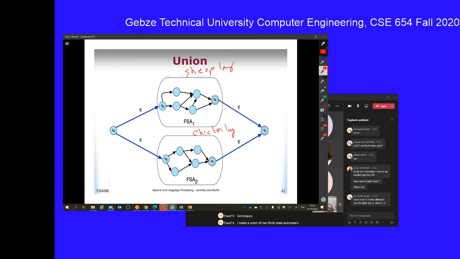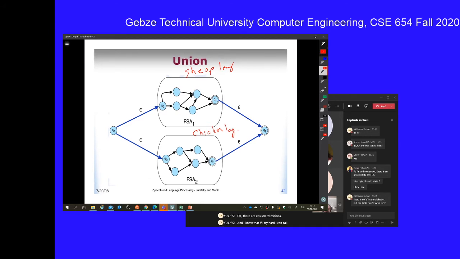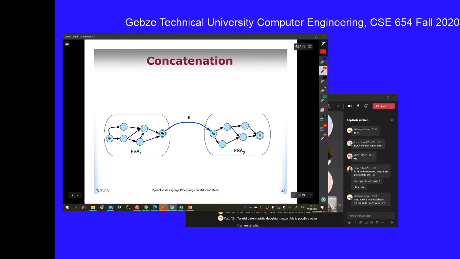I know that this is non-deterministic because there are epsilon transitions. And I know that if I try hard, I can convert this whole thing to a deterministic finite state automata. This is possible.